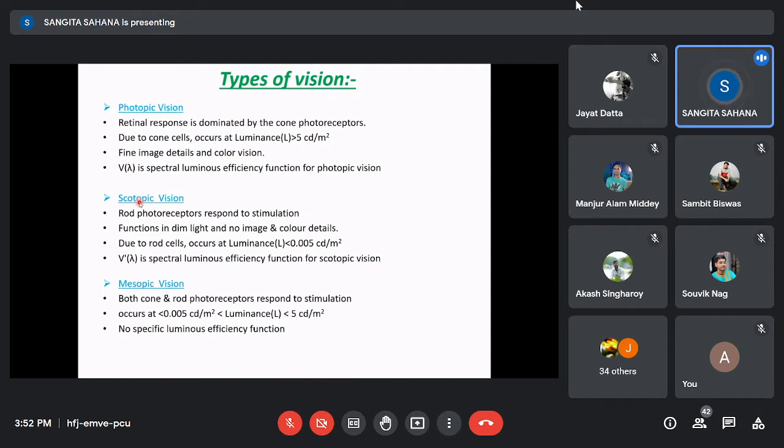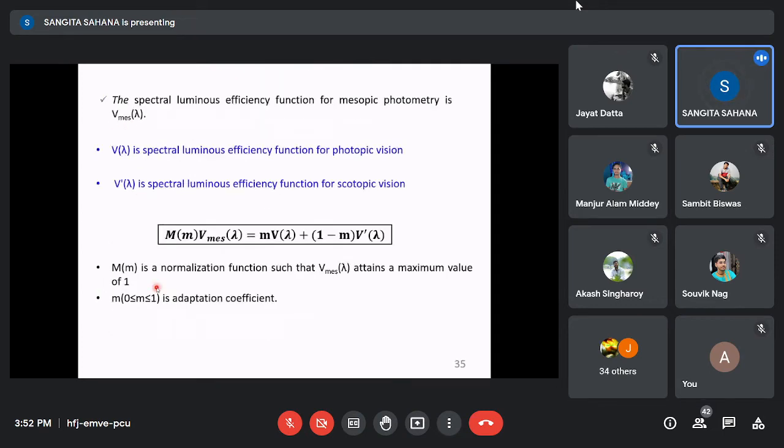And when the vision is in between photopic and scotopic, between 0.005 and 5, we call that mesopic vision. And both cone and rods are responsive for this kind of vision. There is no such specific luminous efficiency function, but it is comprised of the V lambda and V dash lambda.